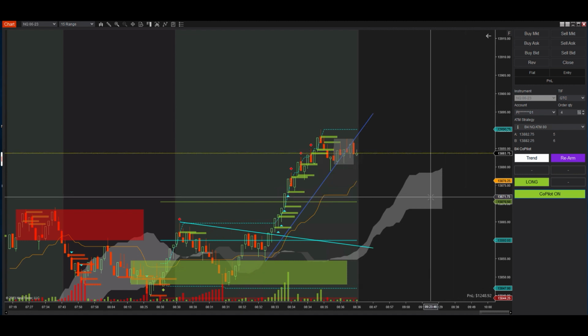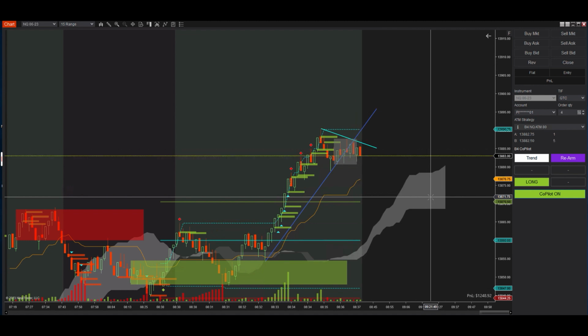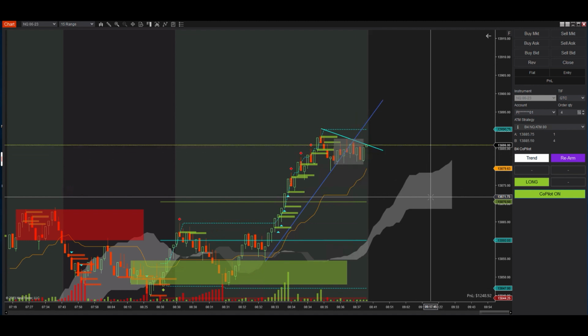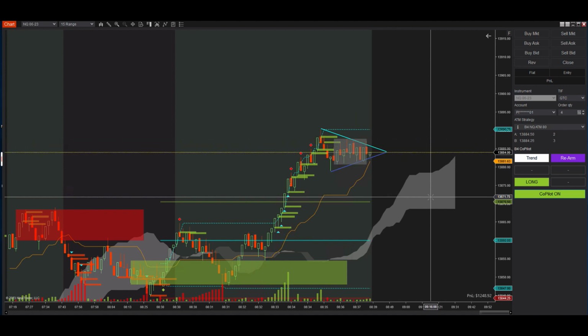Alright guys, so we're still in the squeeze here. We got our trend line forming there. Kijunsen turning up. Senkou span A turning up. Wedging in there. Alright, we are armed with CoPilot.